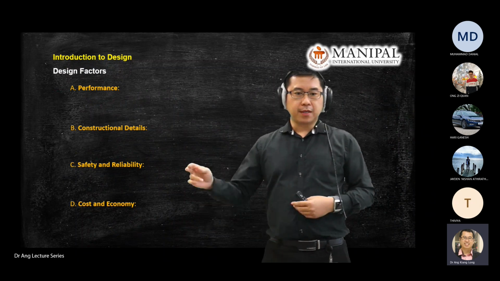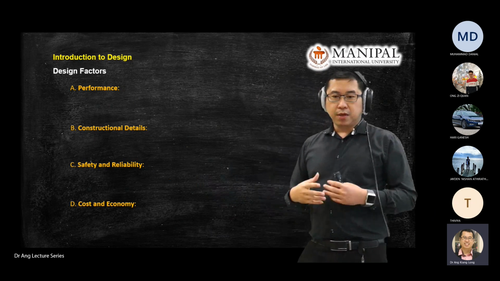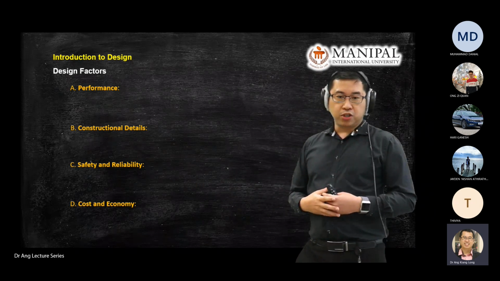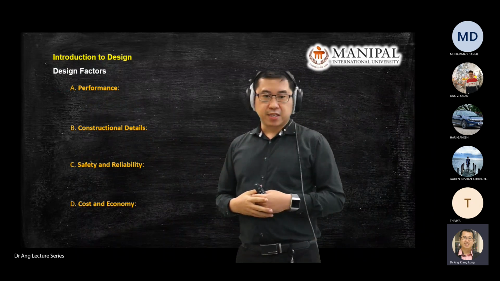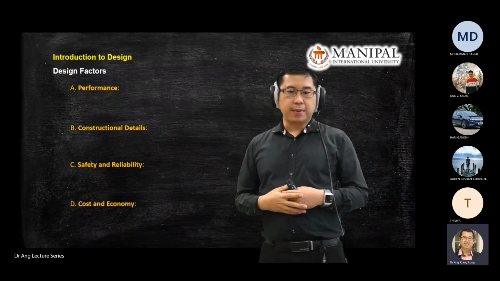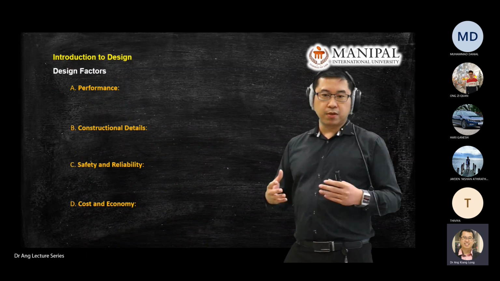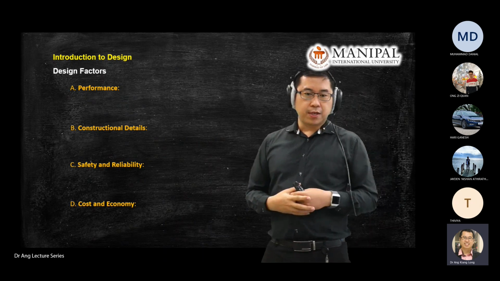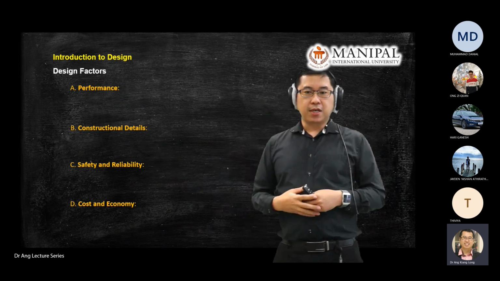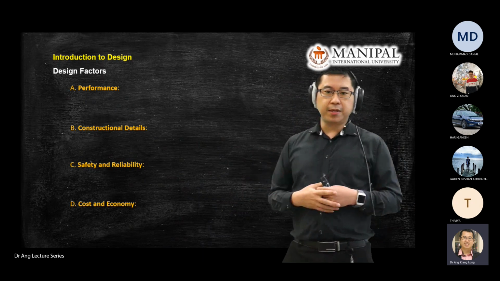Okay. The next one will be on safety and reliability. Since we are all engineers, we need to make sure that our product is safe to use, and that you do not bring any hazard to anyone who is around your prototypes. Okay, reliability means it is able to work in the specified environment.